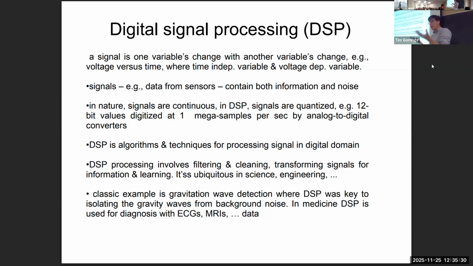So that's going to be what we call our signal in digital signal processing, some dependent variable varying with some other independent variable. A sequence, a series of voltages varying in time, in a time sequence.